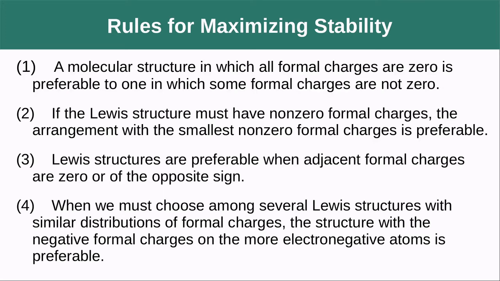If the Lewis structure must have non-zero formal charges, the arrangement with the smallest non-zero formal charge is preferable. Lewis structures are preferable when adjacent formal charges are 0 or of opposite sign. When we must choose among several Lewis structures with similar distributions of formal charges, the structure with the negative formal charges on the more electronegative atom is preferable.